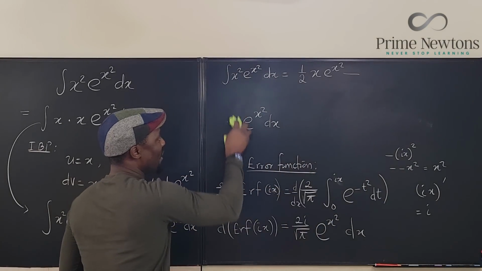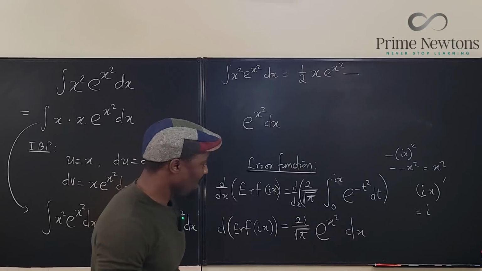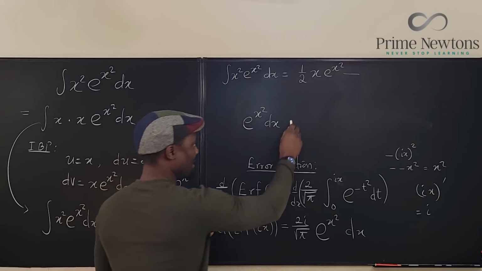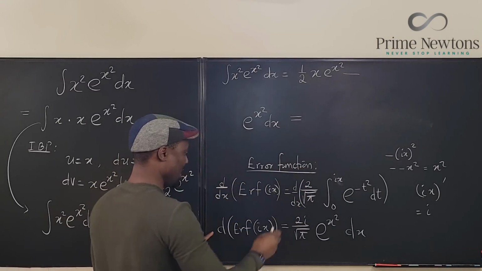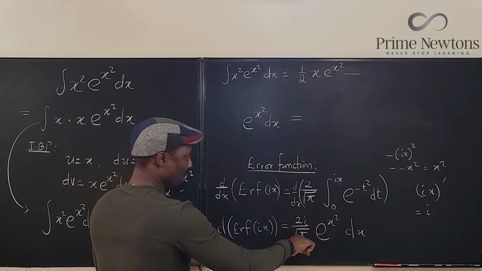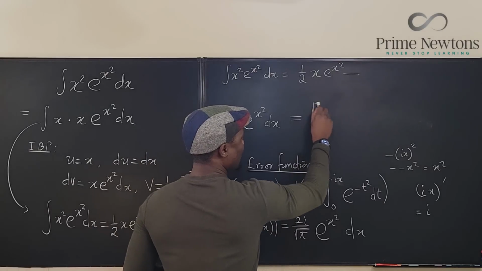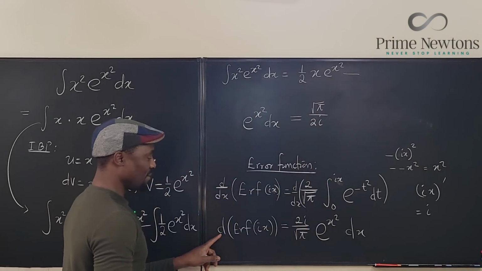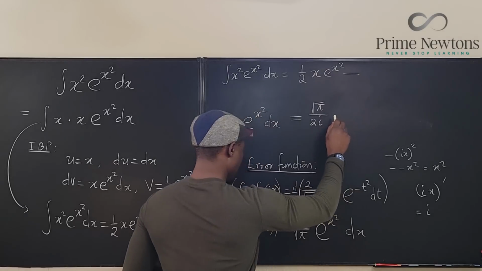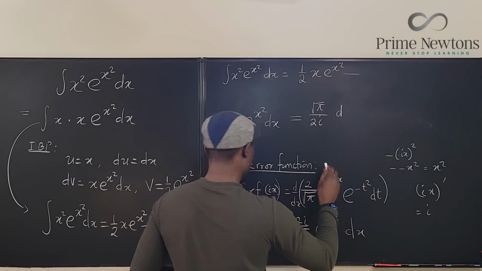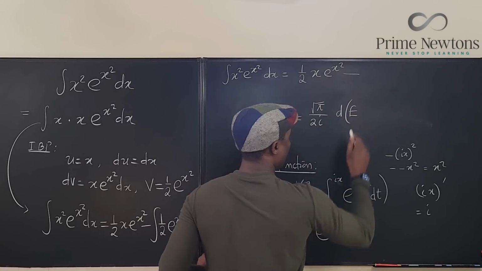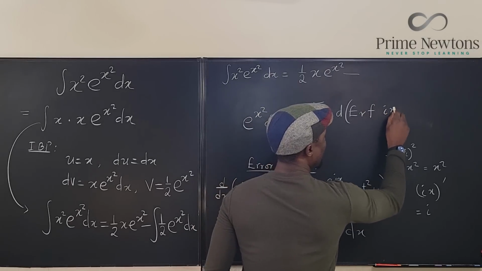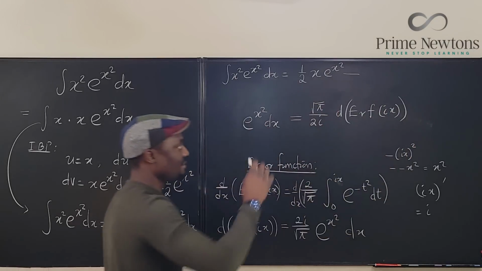If I now go back here, if I want to leave just this on this side, I can divide both sides by this, so I can say that what I have here is actually square root of pi over 2i multiplied by d, the differential rather, of the error function of imaginary x. That's it.